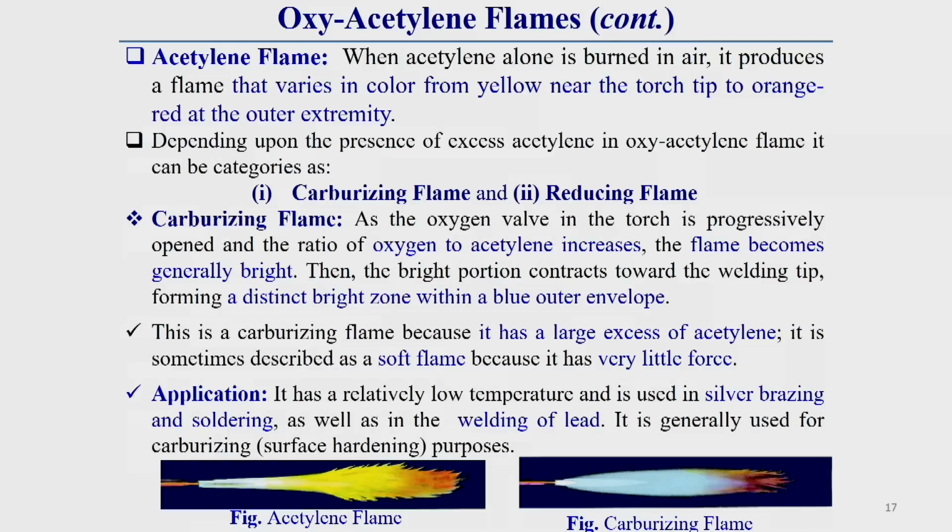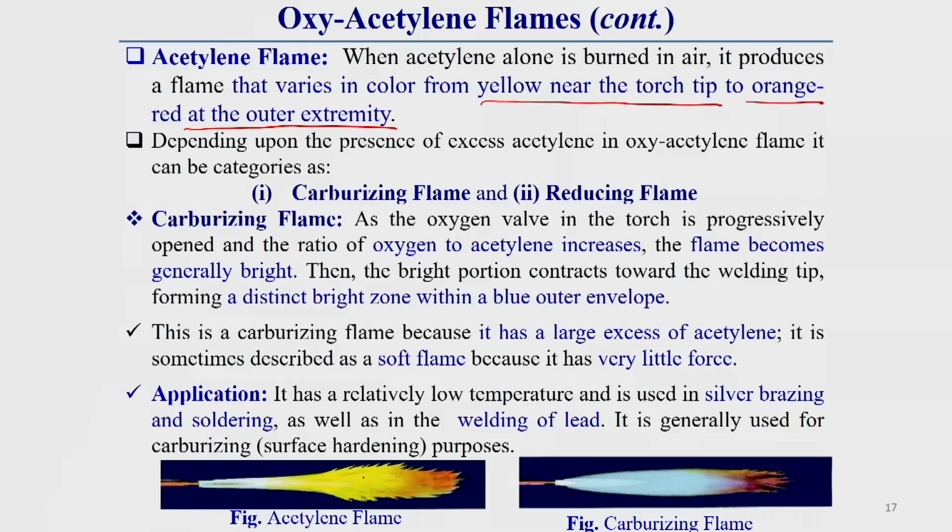Then I will discuss the neutral flame, and then the carburizing flame. So, the acetylene flame: when acetylene alone is burned in air, that means when the arc is started, it produces a flame that varies in color from yellow near the torch tip to orange red at the outer extremity.